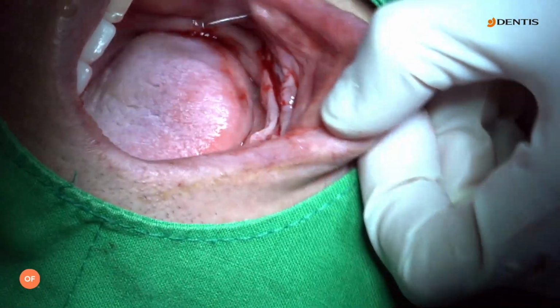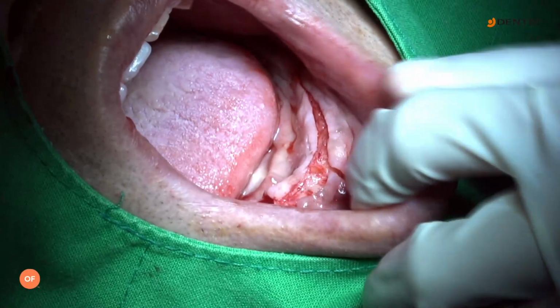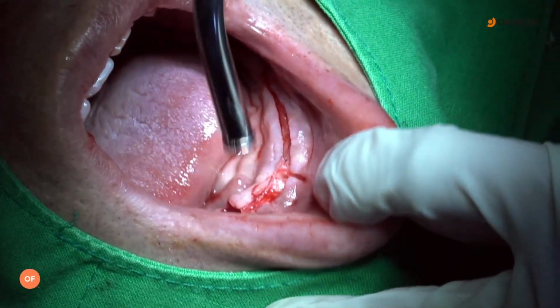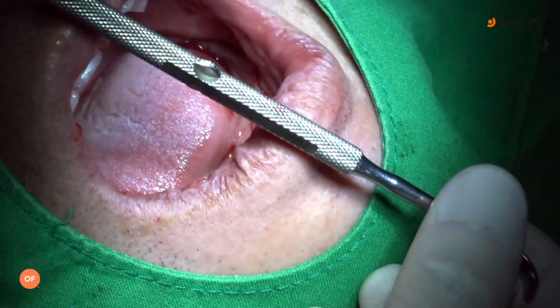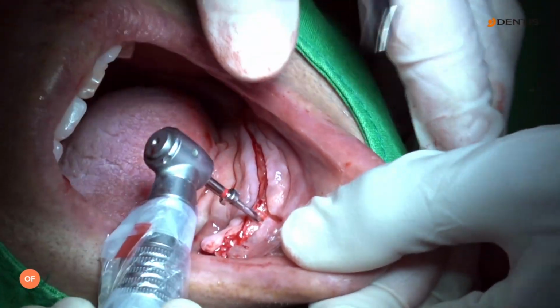And then 2.2 drill, 7 millimeter. At the time, please check just the face midline here. This is the face midline. So according to this, we try to make a first angulation guidance.